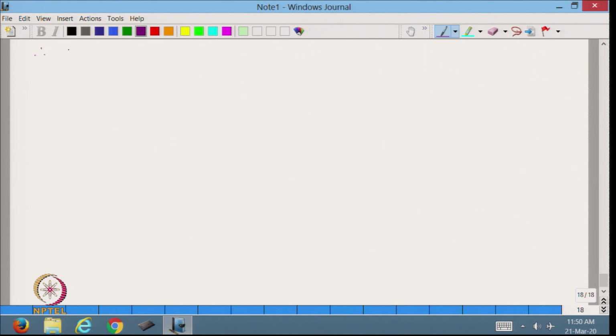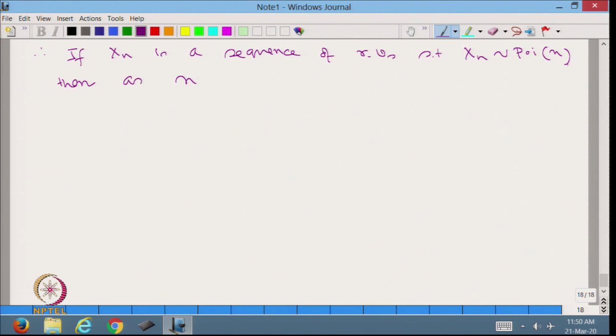Therefore, if Xn is a sequence of random variables such that Xn is distributed as Poisson with parameter n, then as n goes to infinity, Xn converges in distribution to normal 0, 1.